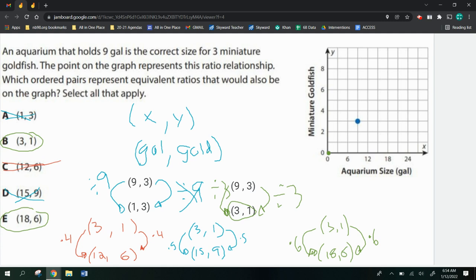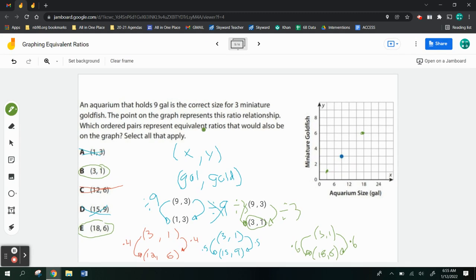So starting at the origin, go over to 3, then go up to 1. Starting with E, starting at the origin, going over to 18, then I'm going up to 6. And that is the final problem.